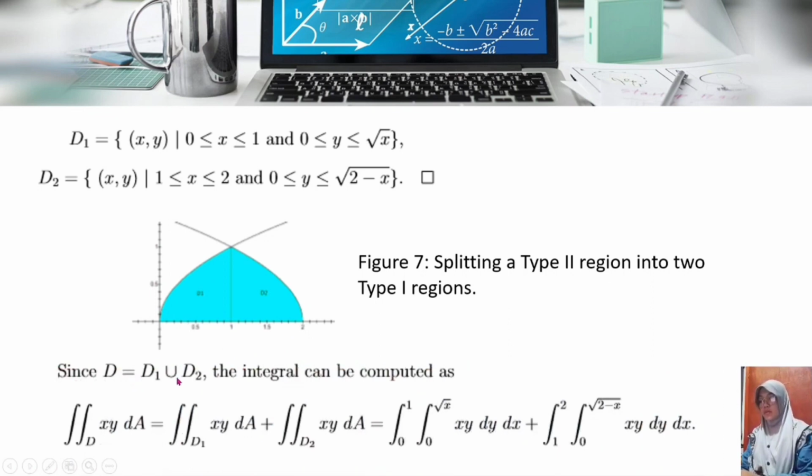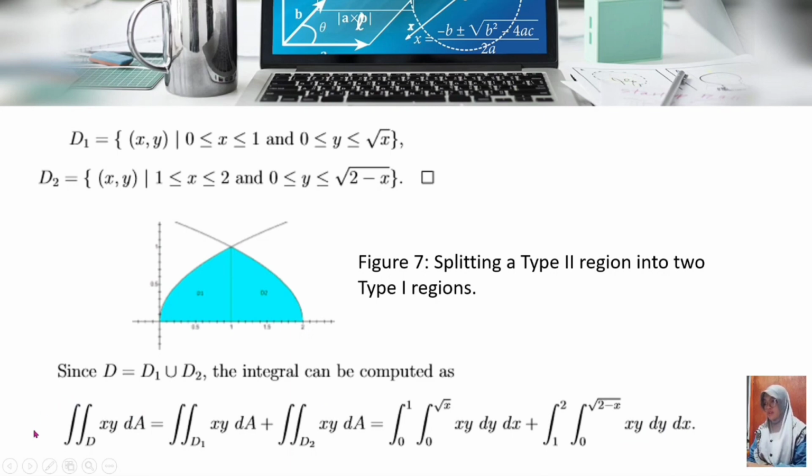Since D is equal to D sub 1 union D sub 2, the integral can be computed as the double integral over the region D of the function xy dA, which is equal to the double integral over D sub 1 of xy dA plus the double integral over D sub 2 of xy dA. This is equal to the integral from 0 to 1 and the integral from 0 to square root of x of xy dy dx, plus the integral from 1 to 2 and the integral from 0 to square root of 2 minus x of xy dy dx.